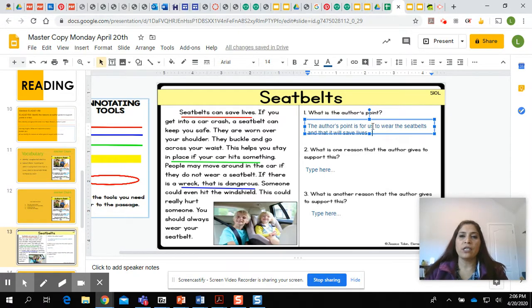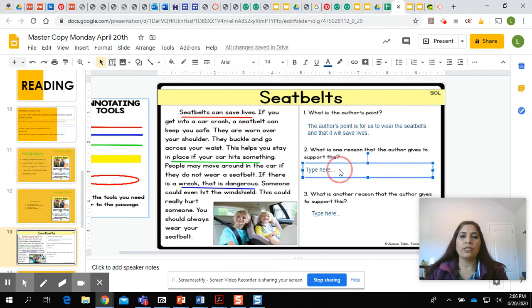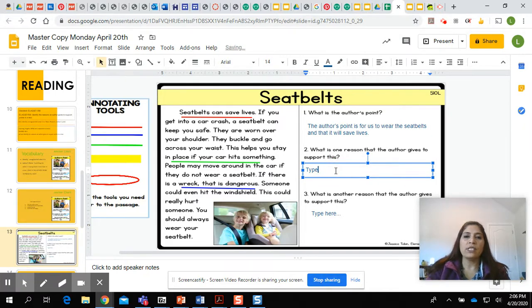All right, so this is the author's point. Now, what is one reason the author is giving us to wear the seatbelts? What is he supporting with? Well, one detail that the author is telling us is if you wear the seatbelt, it will keep you safe. Or if there is a car crash, then the seatbelt will keep you safe.